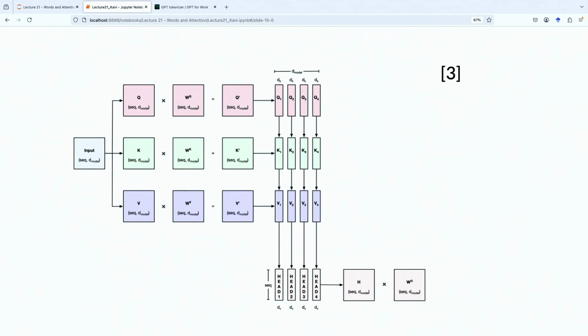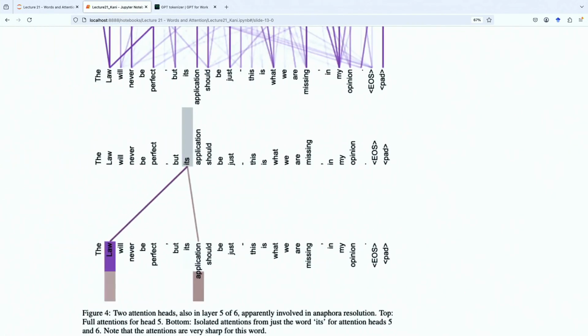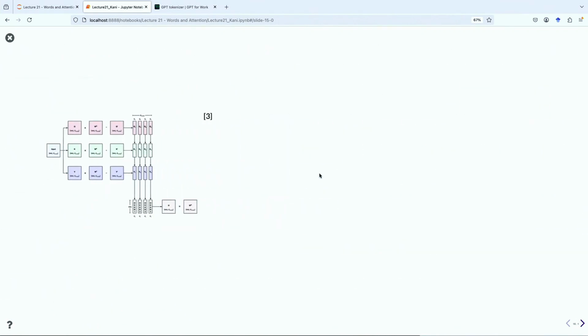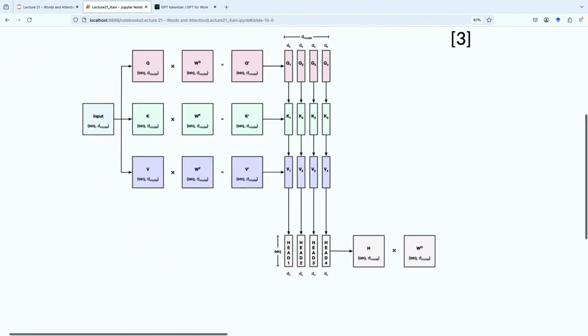In this case, same thing, but remember that the formula for attention is softmax of Q times K times V, right? So if we kept it one large matrix, we would do softmax of Q times K times V, but that would be a single softmax for the whole thing, right?